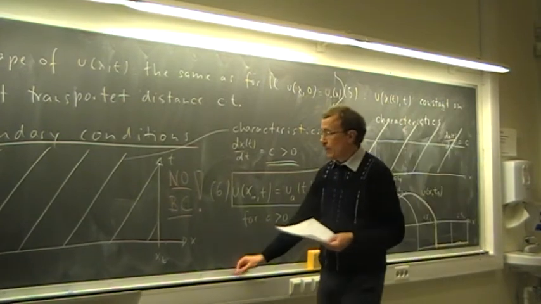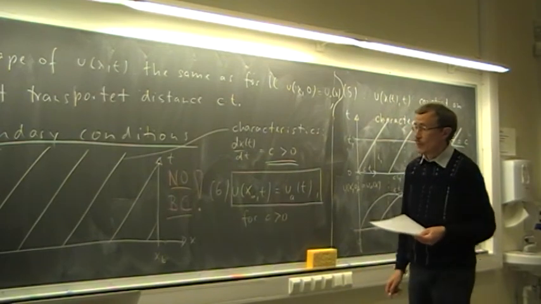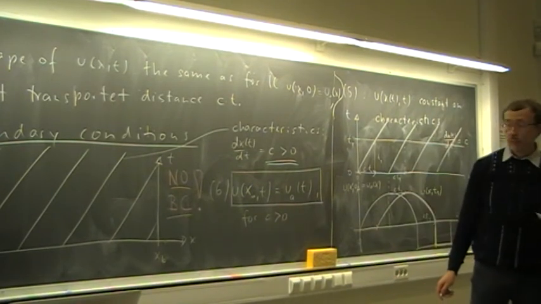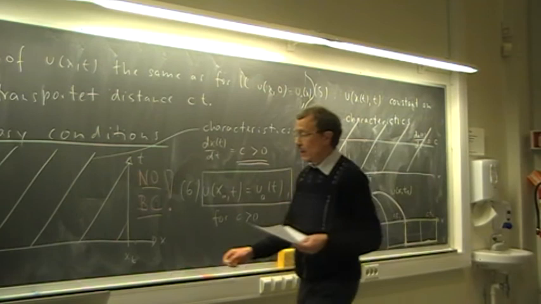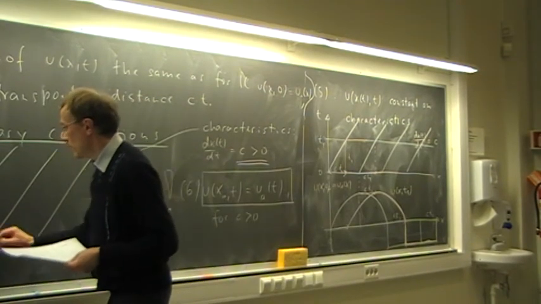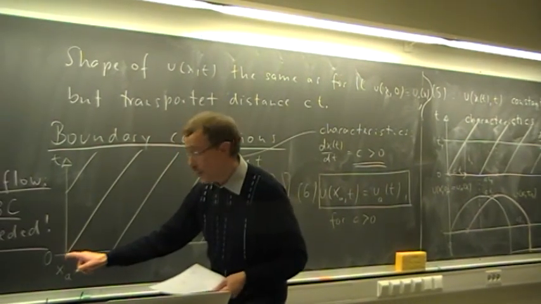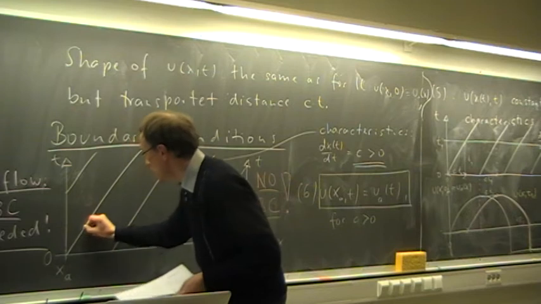We can also distinguish where the solution is determined by the initial condition and by the left boundary condition. The distinguishing line is from x0 in space and 0 in time. So it is this characteristic here.